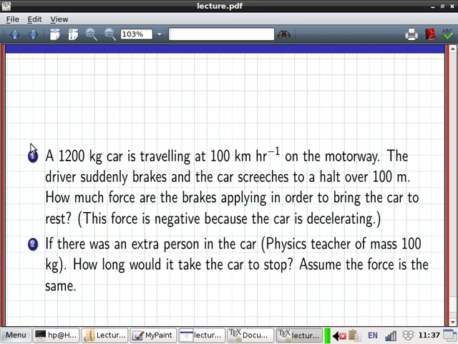Okay? The mass is not the same. What's the mass now? 1,300. The mass is different. So, the acceleration is different. Okay? The U is the same. The V is the same. The S is different. I want to know what the S is now.